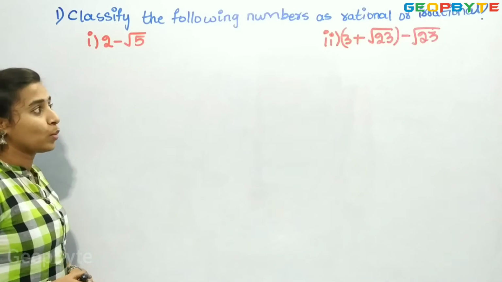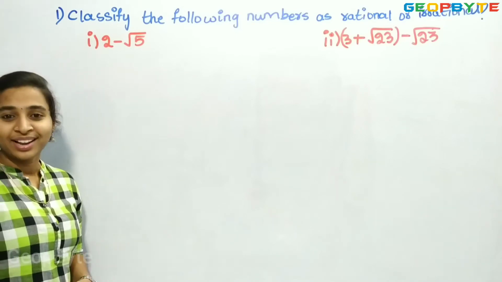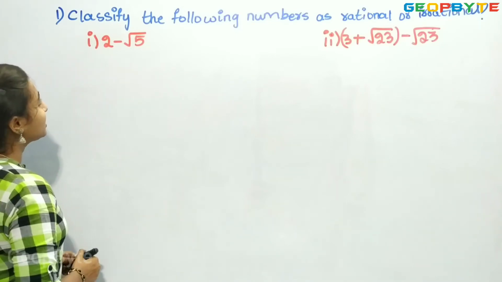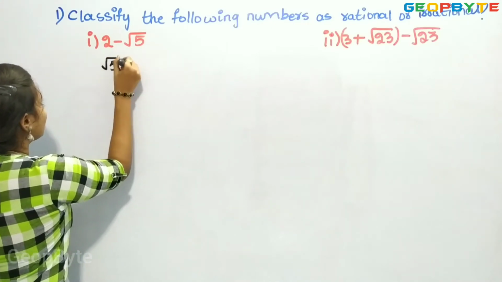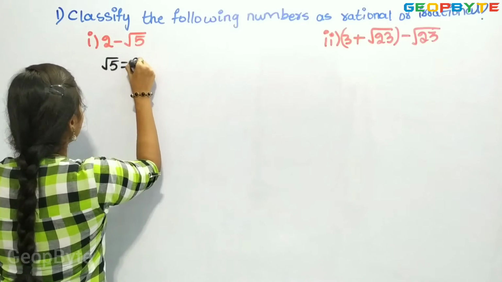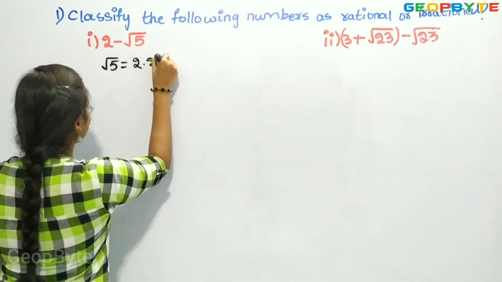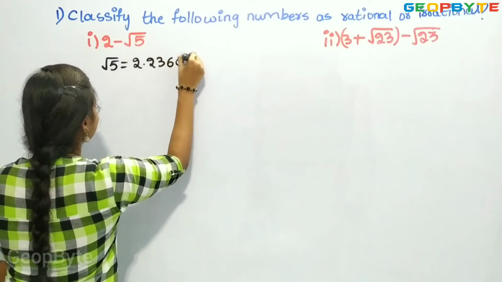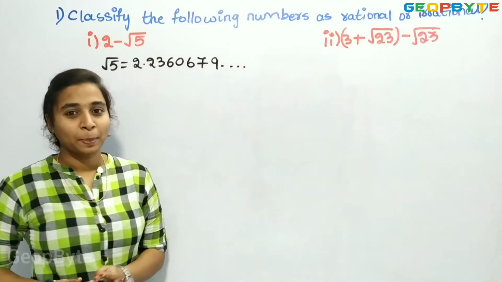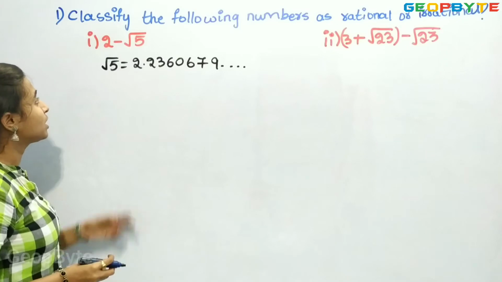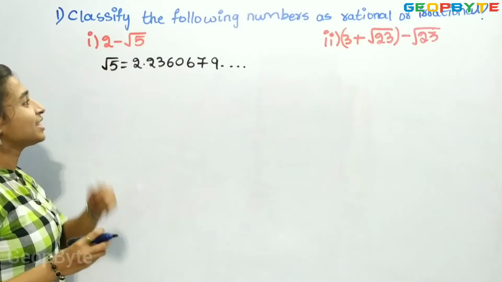To check whether it is a rational or irrational number, first let us write the value of root 5. Root 5 value is 2.2360679 and so on. Now let us substitute this in this.